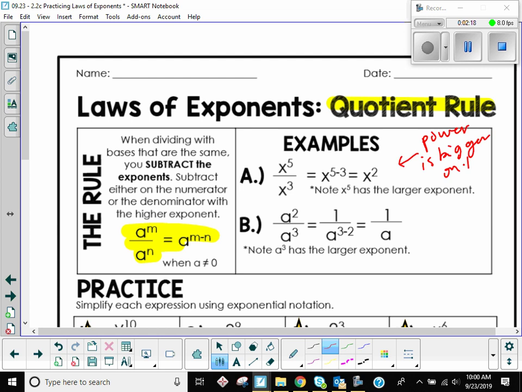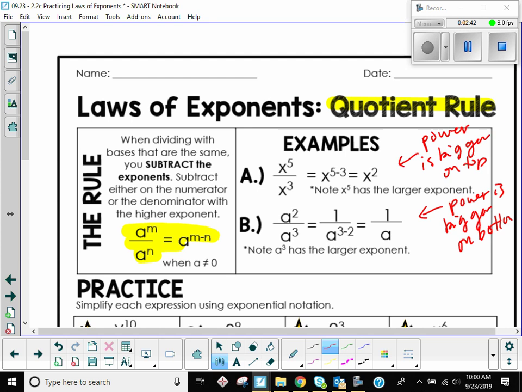And this example on the bottom is for when the power is bigger in the denominator, or in the bottom. So it's basically saying wherever the larger exponent is, you leave the base there, and you do the subtraction there.